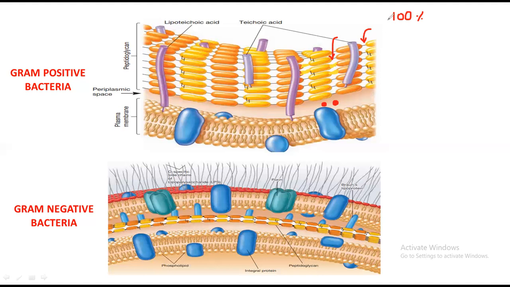So the alcohol cannot further get access to the cell. It is blocked here, or for example here. If it gets access to the periplasmic space, in the plasma membrane there is also a very high content of protein, the integral, extrinsic and intrinsic proteins. They are also directly coagulated by the concentrated alcohol.